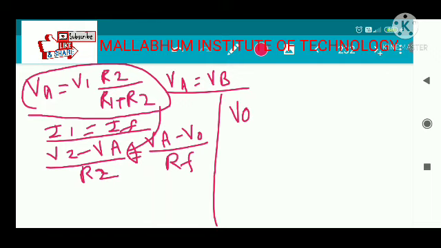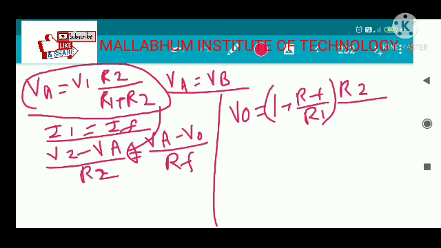V0 will be (1 plus RF divided by R1) into R2 divided by (R1 plus R2) into V1, minus RF by R1 into V2.